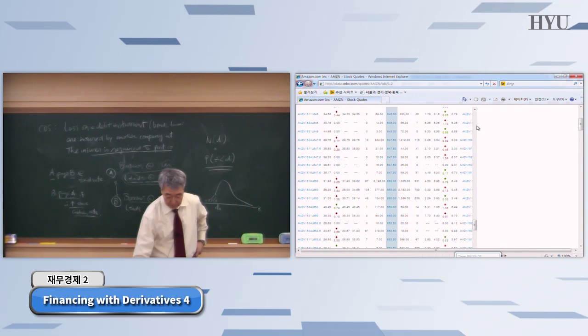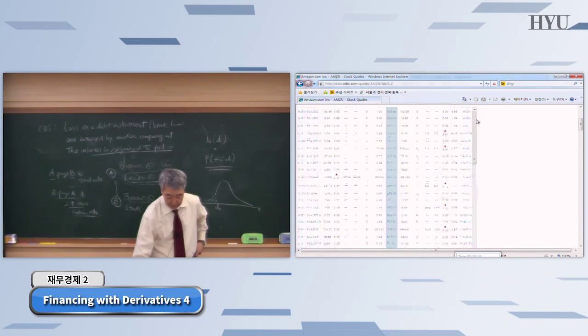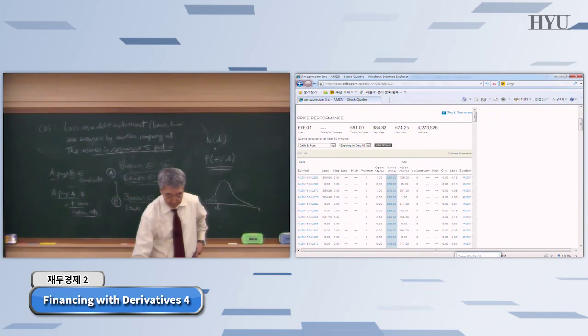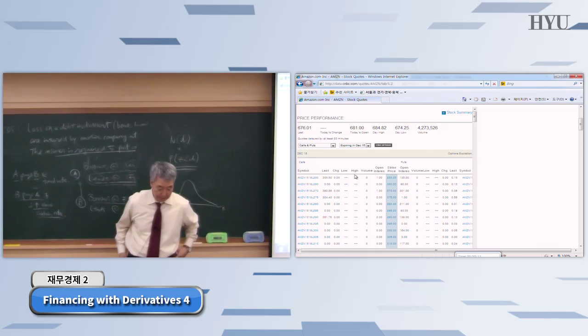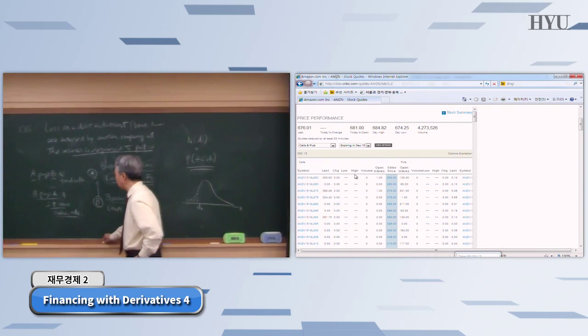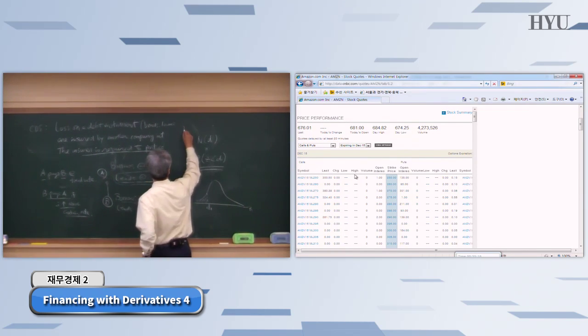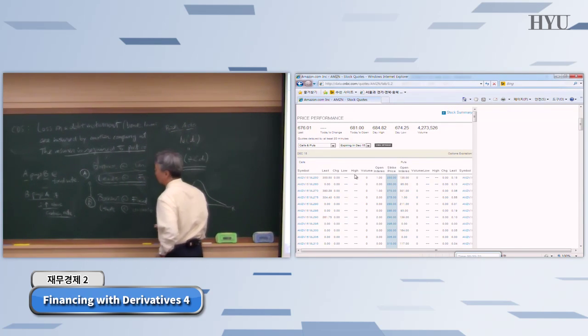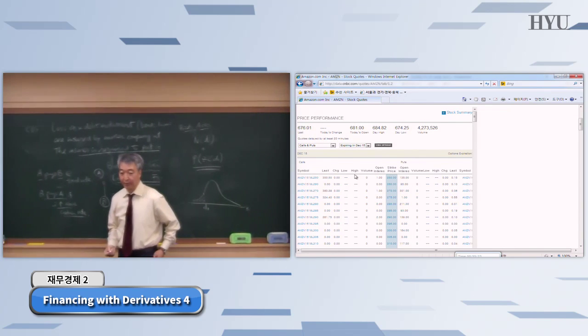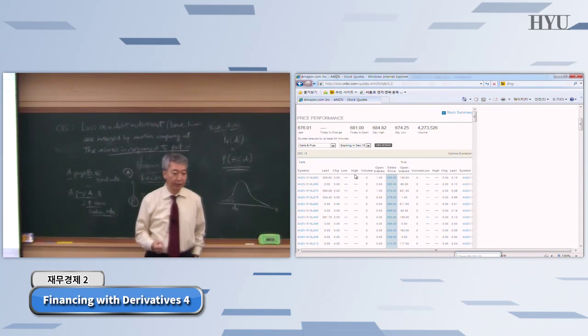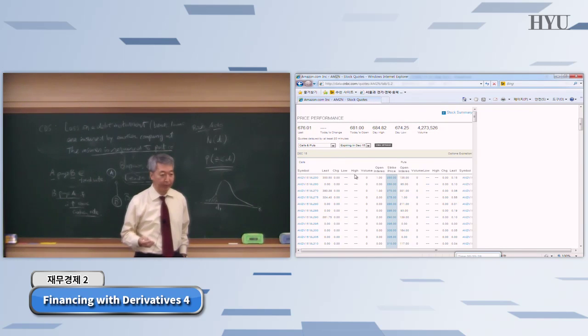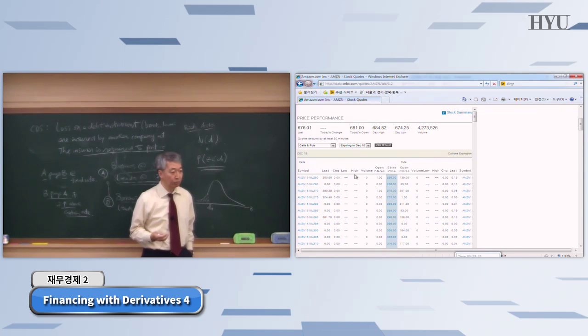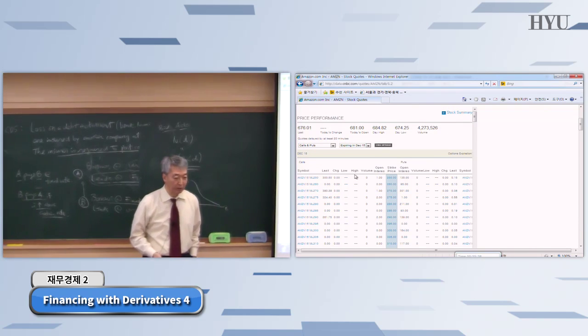Okay, so this is a slightly different format. Okay? In the old days, they used to show bid price and ask price before the open interest. Okay? Bid price means that's the price that buyers are willing to pay. Ask price is the price that sellers are asking to receive, right?